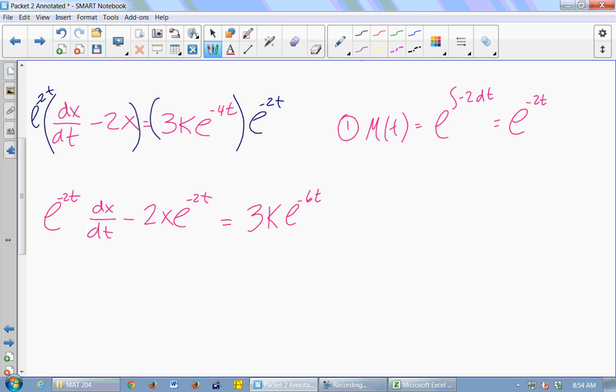Okay, over here, I have e to the negative 2t times the derivative of x minus x times negative 2 e to the negative 2t, which is the derivative of e to the negative 2t. So what I've written here, that is the result of applying the product rule to x and e to the negative 2t.